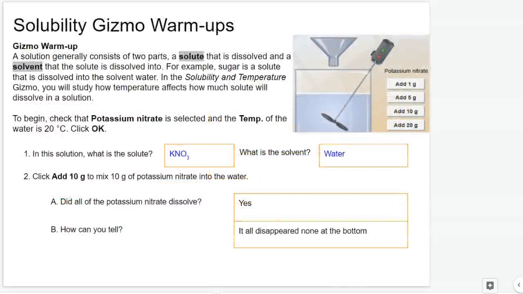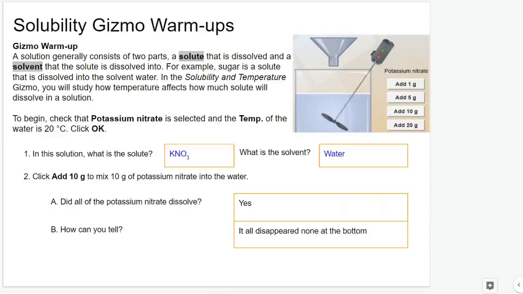Next we started to warm up with the solubility gizmo itself. A solution generally consists of two parts, a solute that is dissolved and a solvent that the solute is dissolved into. For example, sugar is a solute that is dissolved into the solvent water. In the Solubility and Temperature Gizmo, we studied how temperature affects how much solute will dissolve in a solution.